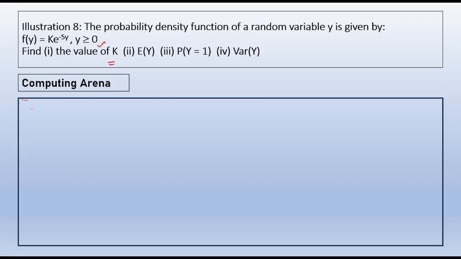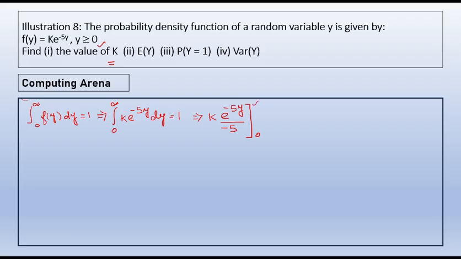So we know that the integration from 0 to infinity of f of y dy is equal to 1. Now it implies that the integration from 0 to infinity of k e to the power minus 5y dy is equal to 1. Based on this equation, we will solve it and find the value of k. Now we take k common, e to the power minus 5y by minus 5, from 0 to infinity, and this is equal to 1.